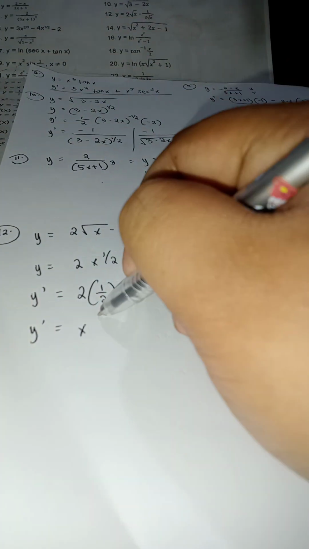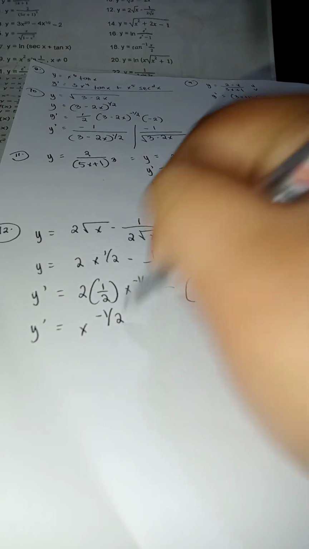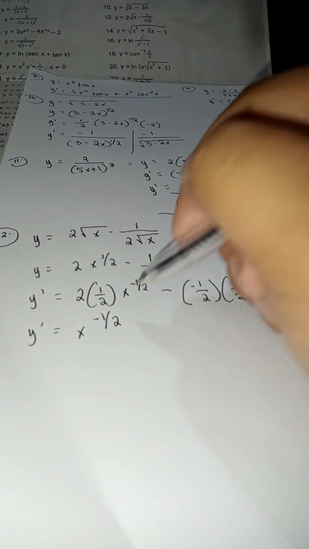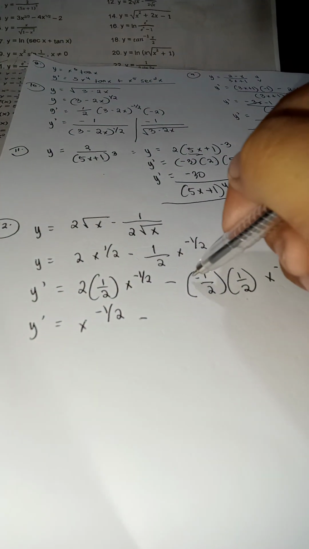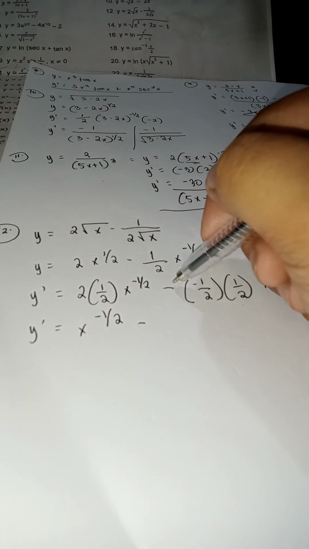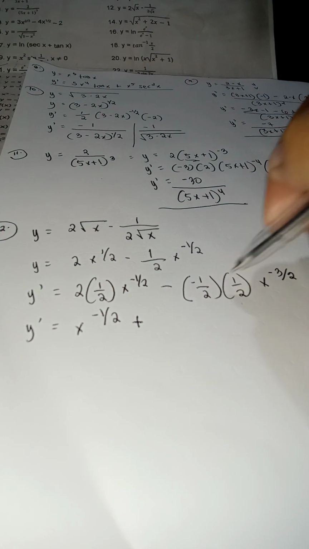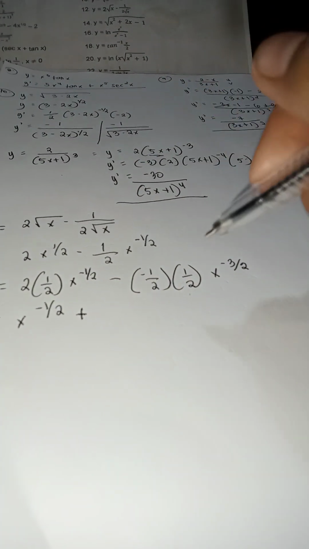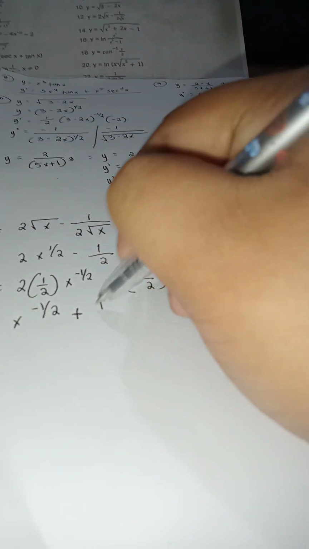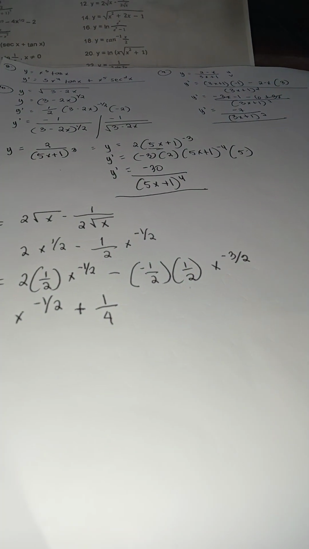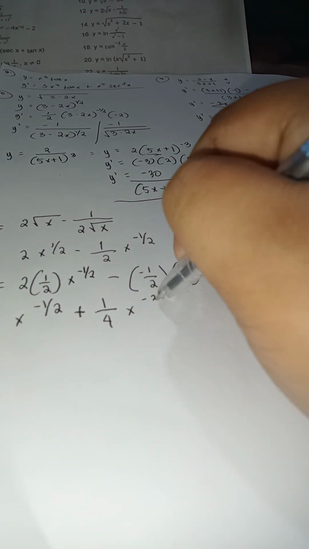So we copy x to the negative 1 half, minus. Okay, since we have here negative times negative, it's already positive. So 1 half times 1 half is 1/4. Okay, so 1/4, copy x to the negative 3 over 2.